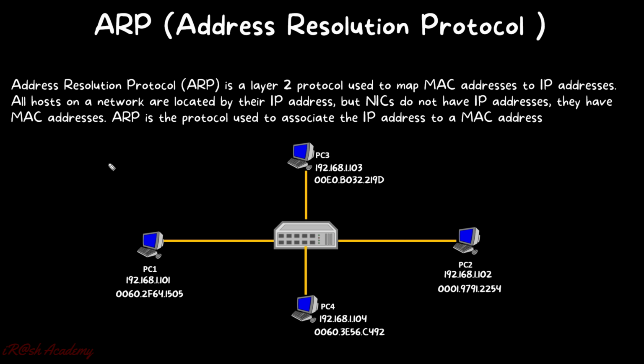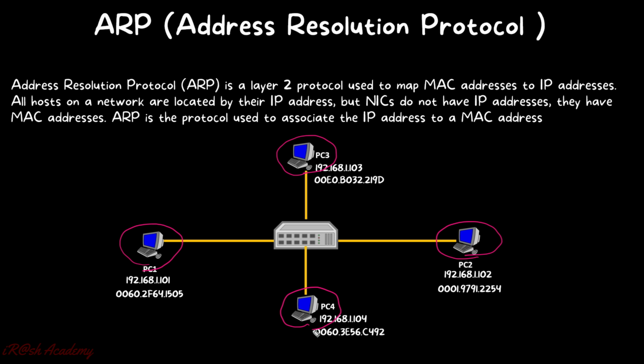So the switch already knows PC1 is connected to interface number 1, PC2 is connected to interface number 2, PC3 is connected to interface number 3, and PC4 is connected to interface number 4.